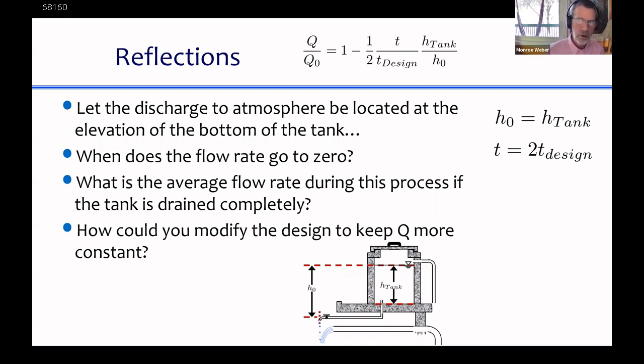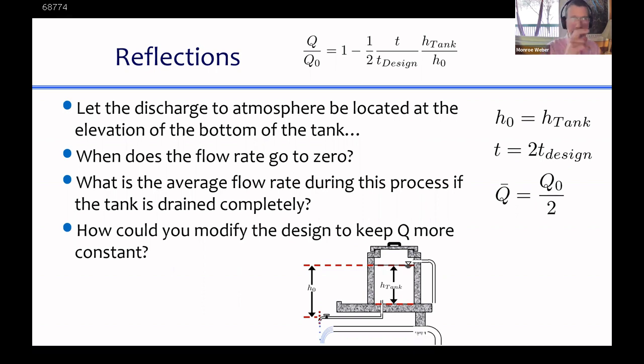What's the average flow rate during this process if the tank is drained completely? So if it takes twice as long to drain as what you would have initially guessed, it's because the flow rate on average is half of what you had expected. So the average flow rate out of the system is half of the initial flow rate.